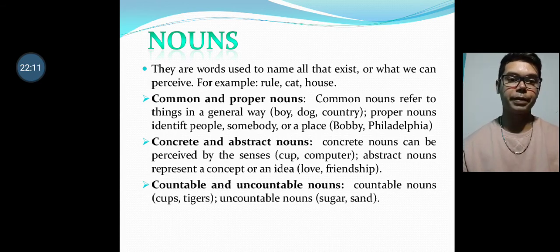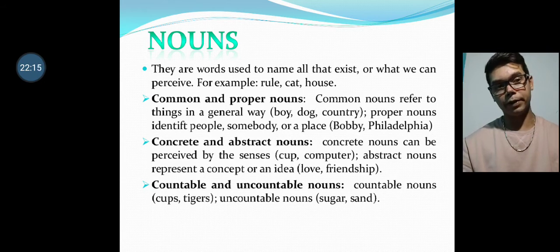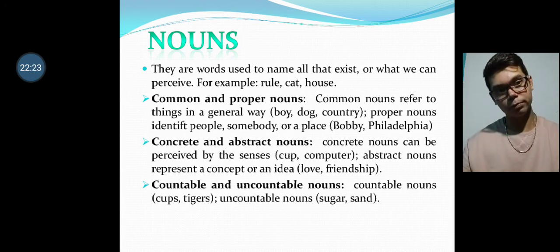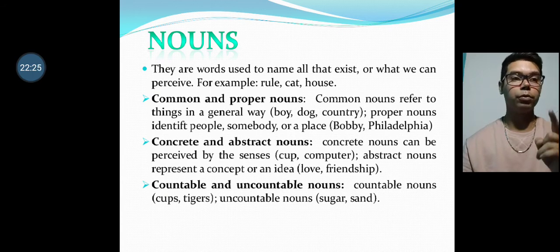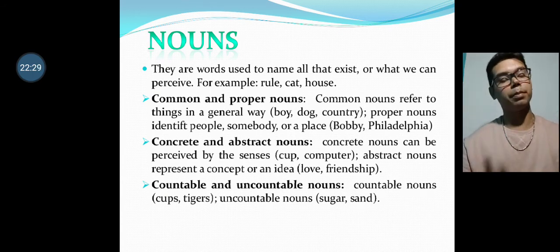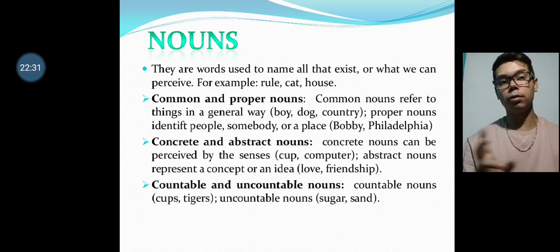For example, we can say, well, that is love, that is friendship. And finally, we can classify countable and uncountable nouns. So I can say that a countable noun, like cats, tigers, cosas que puedo contar, que puedo apuntar y decir 1, 2, 3. And uncountable nouns son cosas que yo simplemente no puedo contar con los dedos, okay?